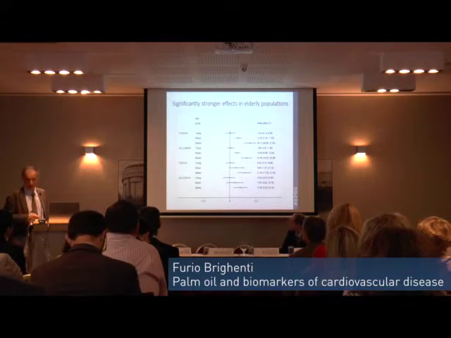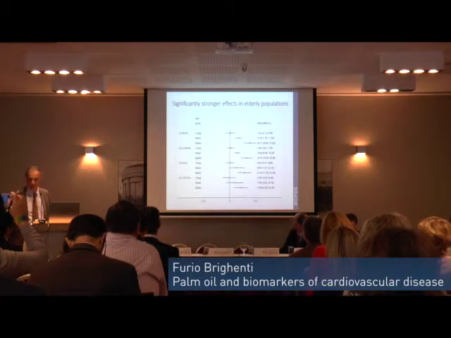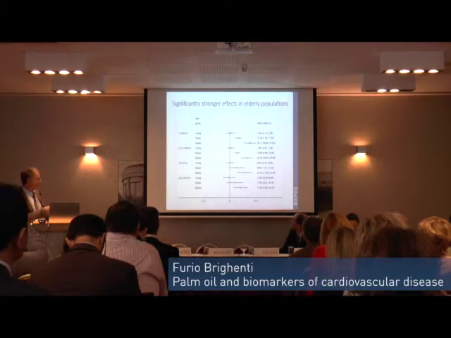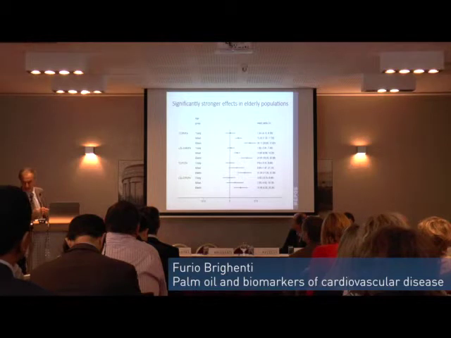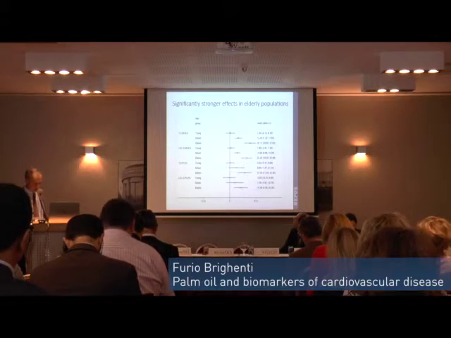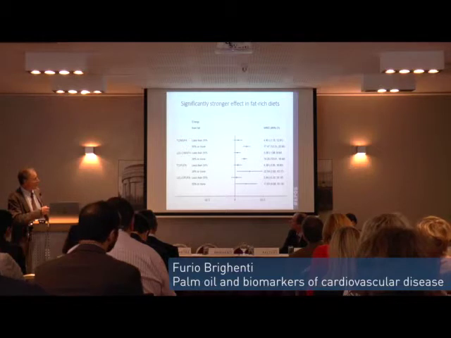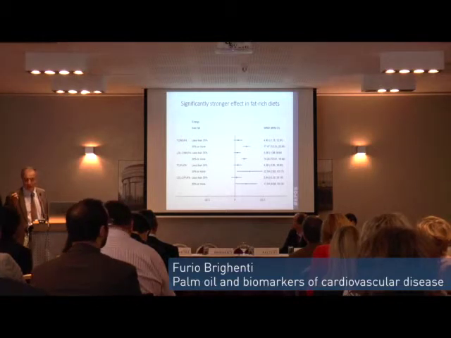In other words, palm oil increases more the total cholesterol and the LDL cholesterol in elderly than in young people. For young people, there is almost no effect. Even with polyunsaturated, same trend. So this is a regression trend. And again, stronger effect in fat-rich diets.